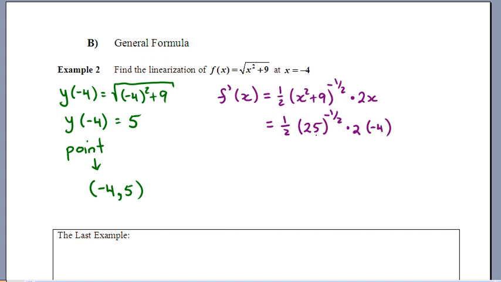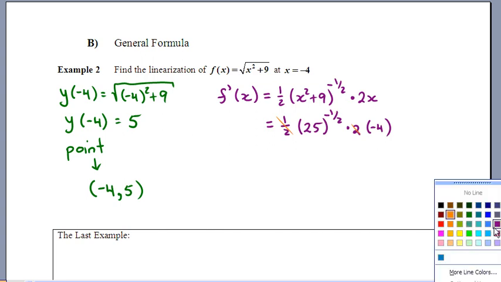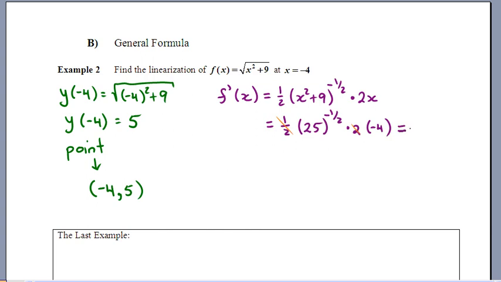Well, actually, the 2 and the 1/2, they're just going to neutralize each other there. I've got a -4, and then I've got a 25 that's rooted to be a 5 and then flipped upside down. So I didn't even need to grab a calculator. I can see that this slope at that nice convenient x value of -4 looks like the slope is -4/5.